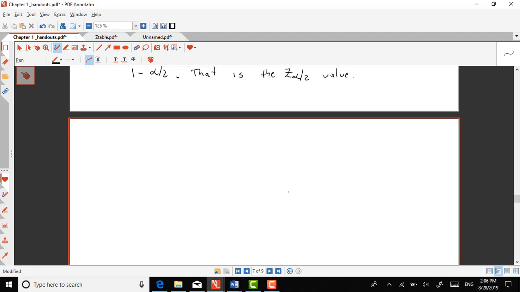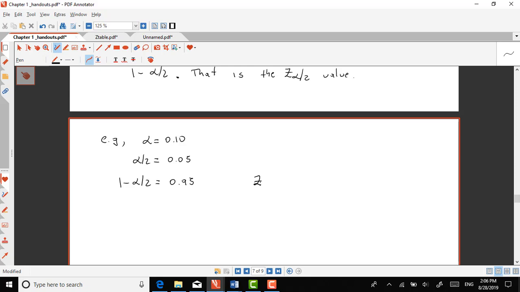Okay, so let's look at an example. Let's say that the alpha you are given is 0.10. Of course, first we need to calculate alpha over 2, which is 0.05. Then we need to calculate 1 minus alpha over 2, which is equal to 0.95. So this is the probability, and with that probability we can identify the z value that corresponds to it.